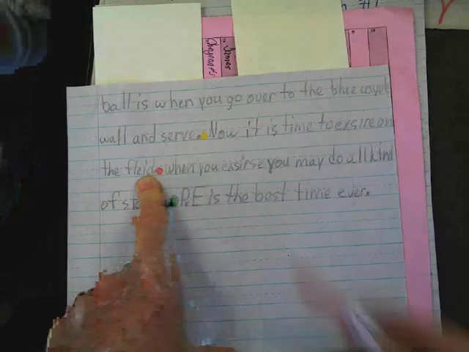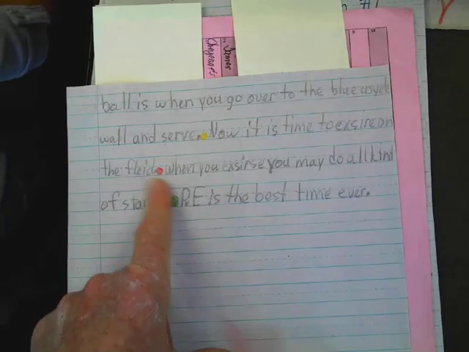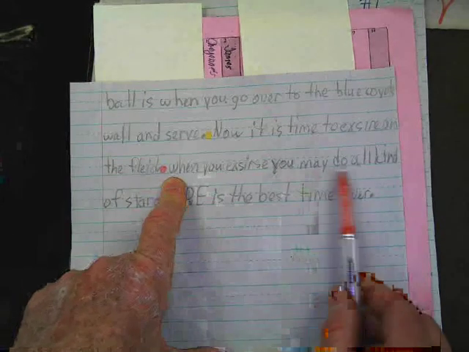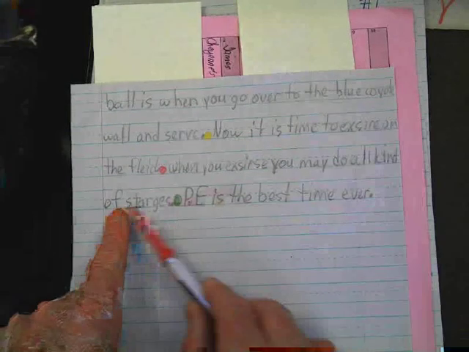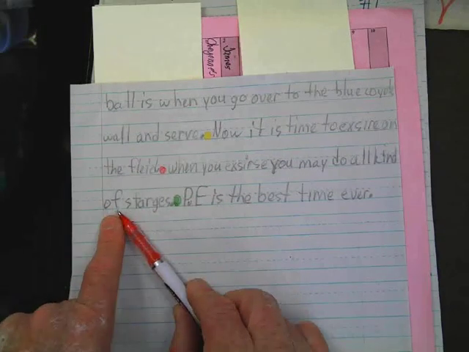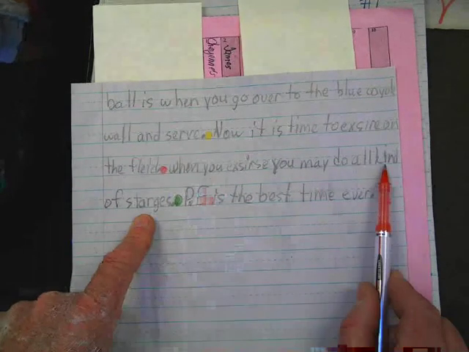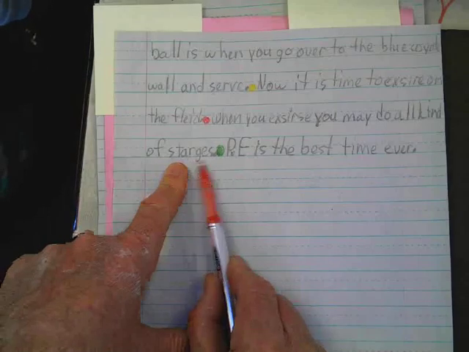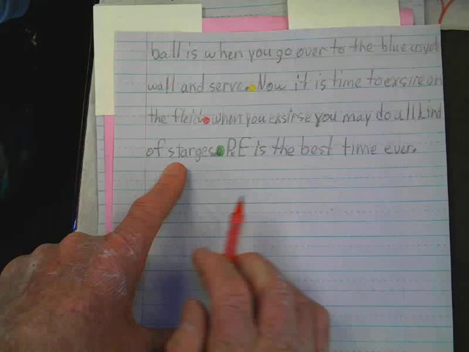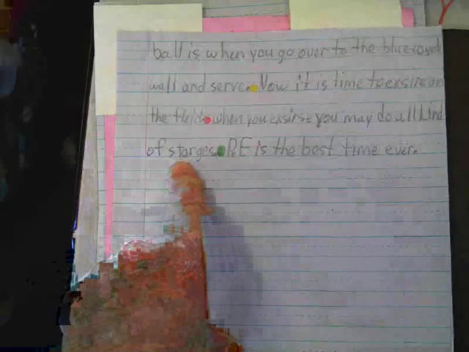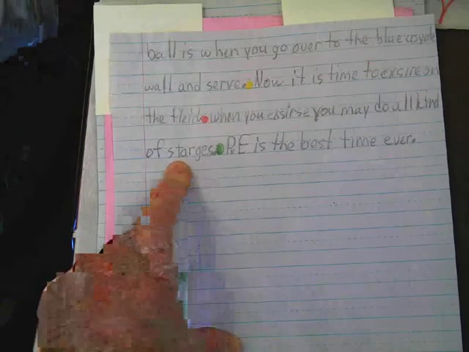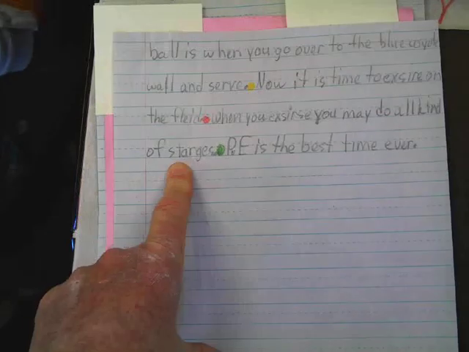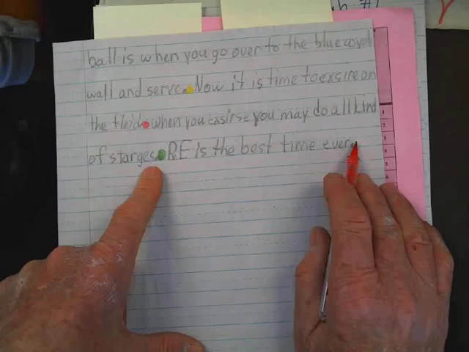Be worried about words like now it is, and when you may, do, all kinds of, those are second grade words. But when you exercise, you may do all kinds of, what's this word? Stretches. Stretches. That's not a second grade word either. But you can sure ask. I know what the word is. I asked the author. PE is the best time ever.